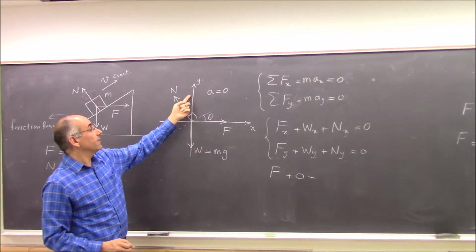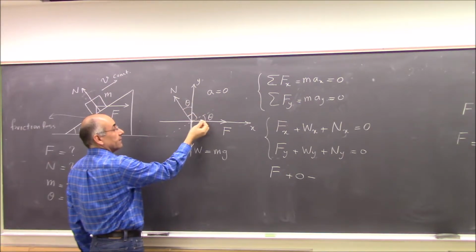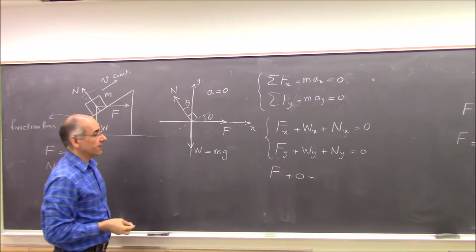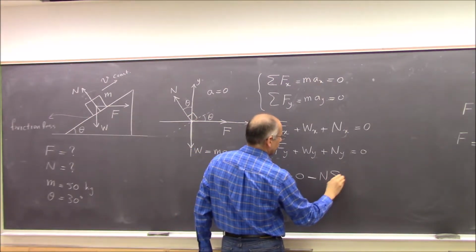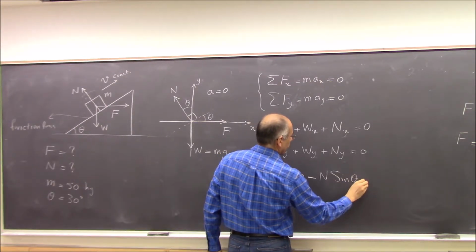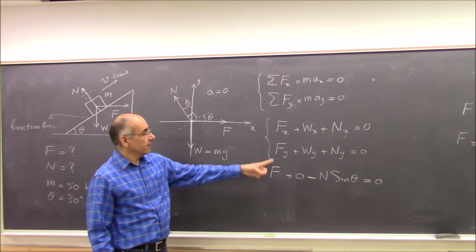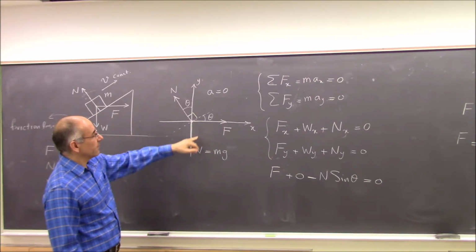Or, in terms of this angle, because the x component is not adjacent to theta, you can use sine, but it falls in the negative direction. So negative N magnitude times sine theta, and the sum equals 0. That is this equation.